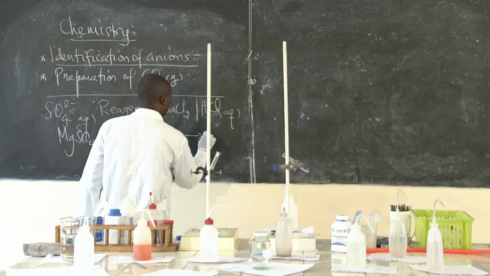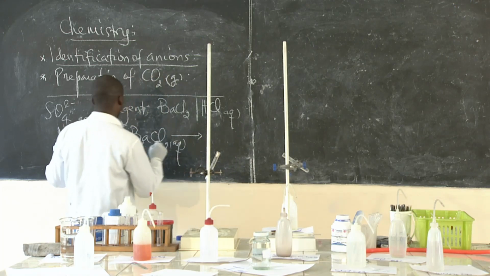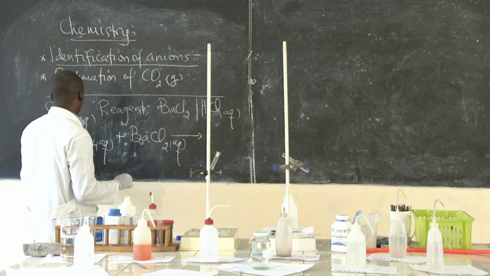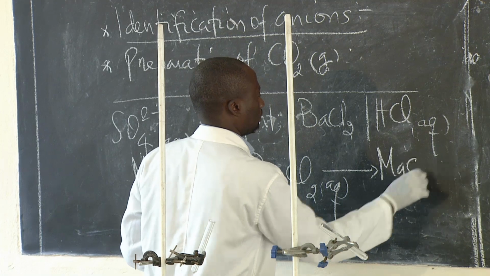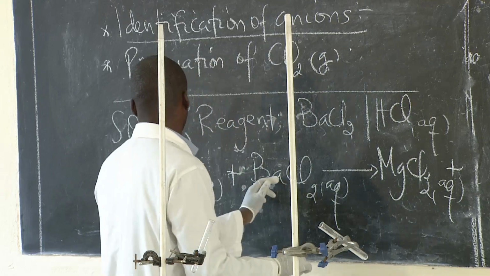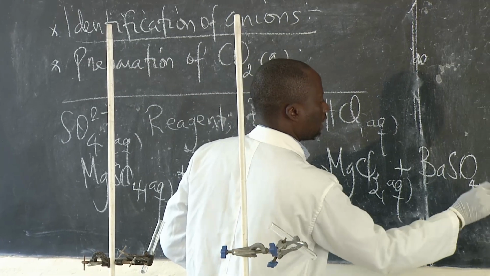So you are forming magnesium chloride, aqueous, plus barium sulfate.